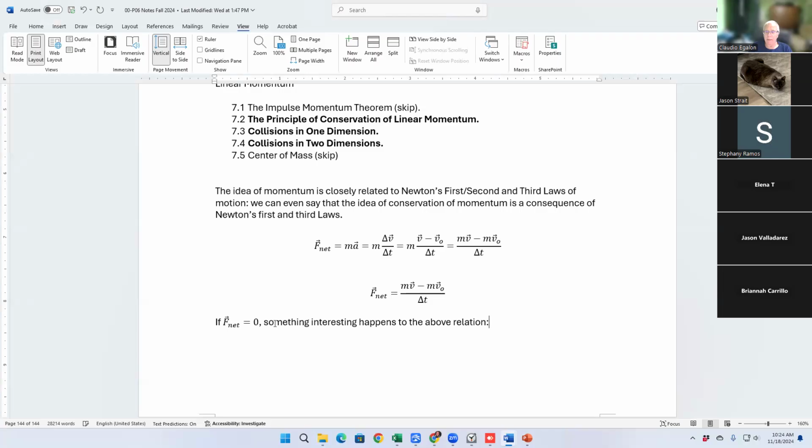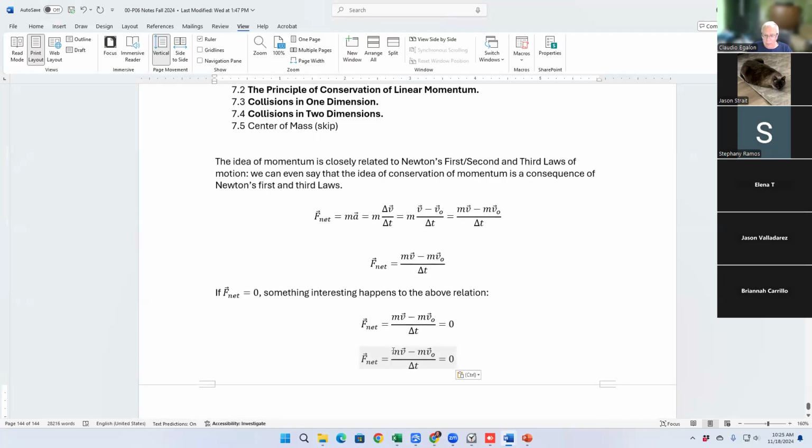If the net force is equal to 0, now we are talking about Newton's first law of motion, right? But let's see what else happens to my equation here. Keeping my net force equal to 0, this also implies that this quantity upstairs is also going to be equal to 0.